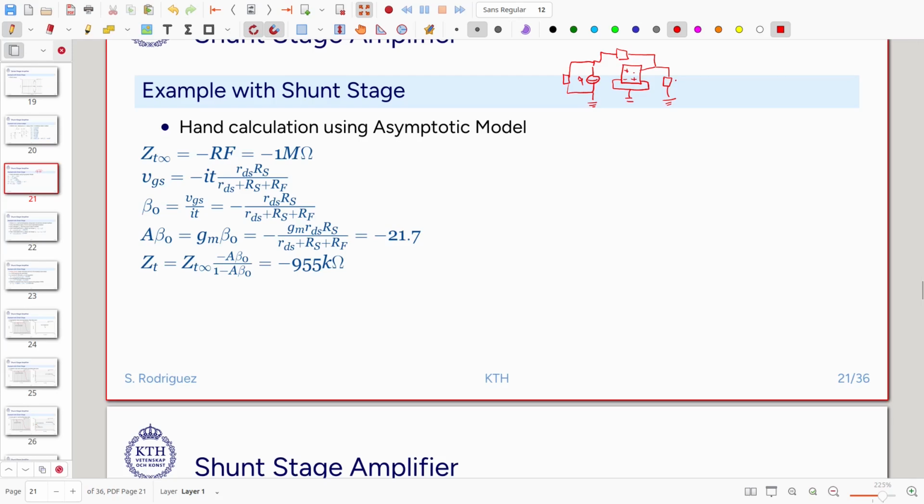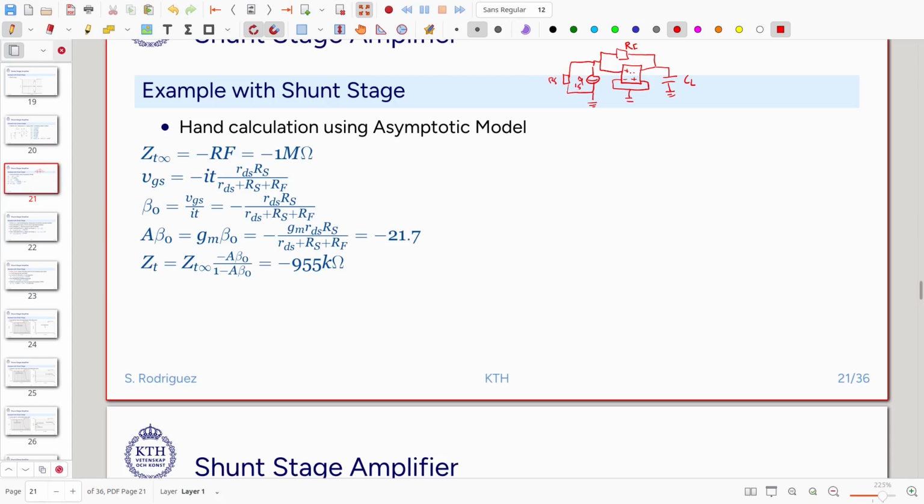Then we have here a load capacitor, CL. Just change it to a capacitor here, CL. And then we have a feedback resistor here, a series resistor here, and IS. Okay, and this is connected here.